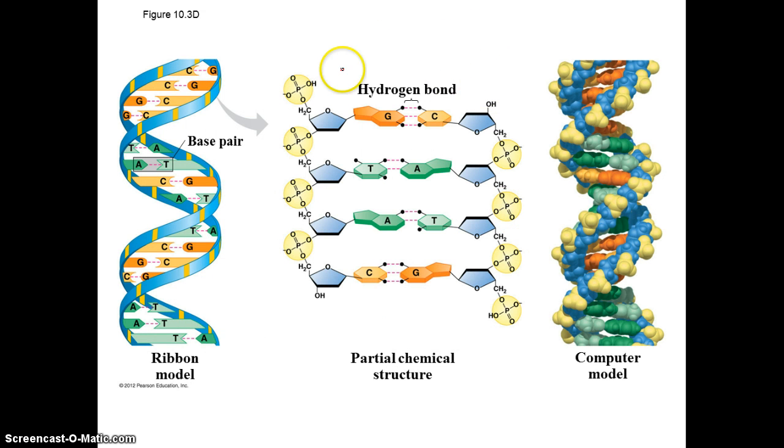So when we look at our DNA, if you notice the fifth carbon, that's why we call this 5'. And here, the last carbon that it ends with is the third carbon, so that's why we call this end the 3'. And then here, our 3' is on top, so we call this strand 3'. And here, the fifth carbon is the last one, so we call this 5'.